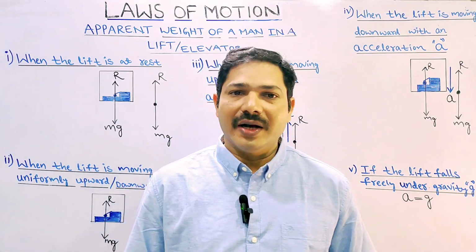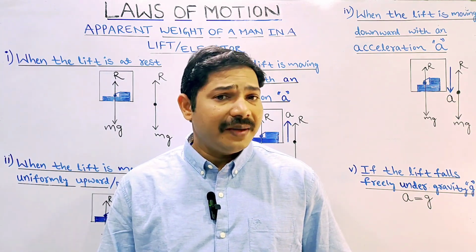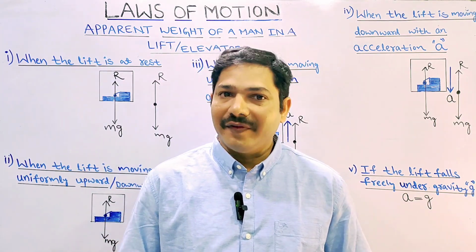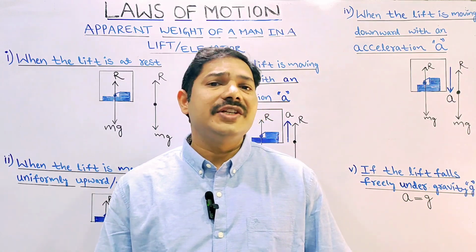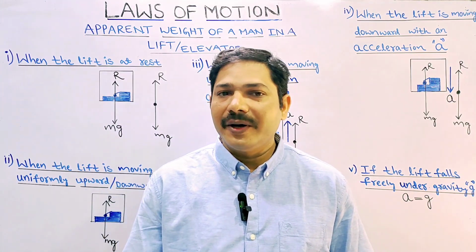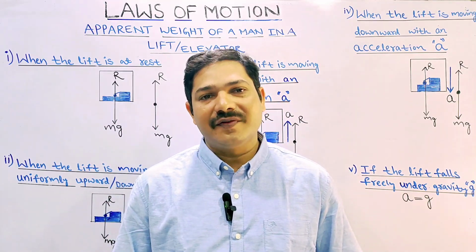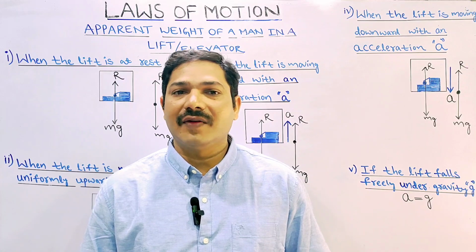If you stand on a weighing machine, you can observe this. The difference of weight compared to your true weight is called apparent weight.